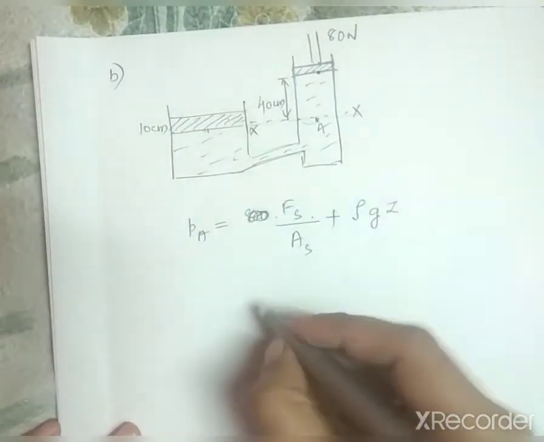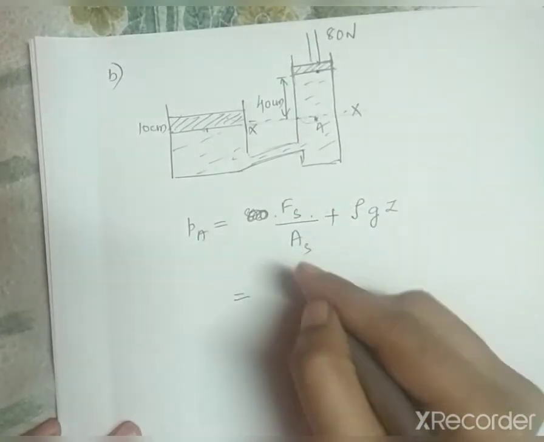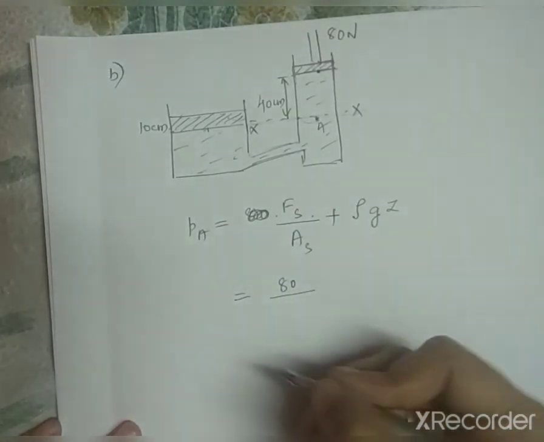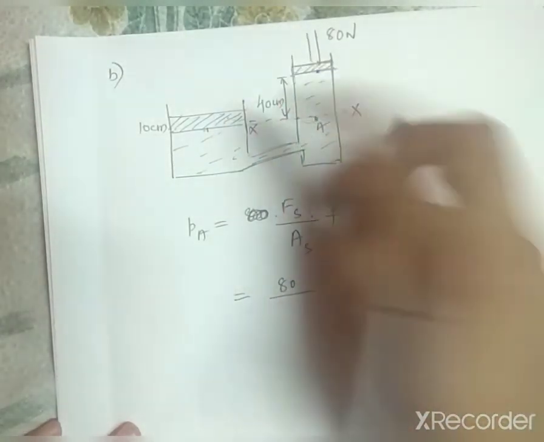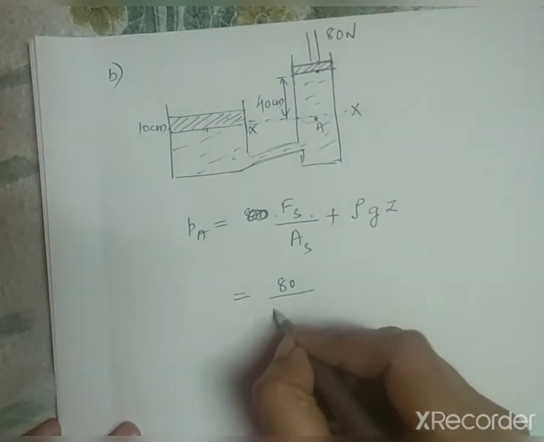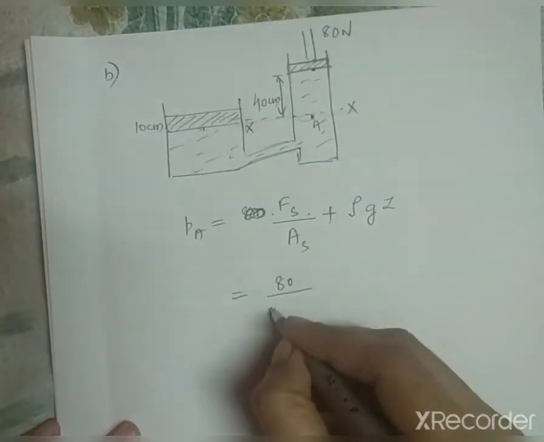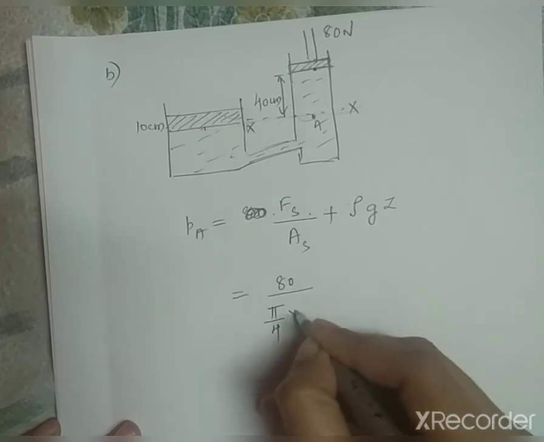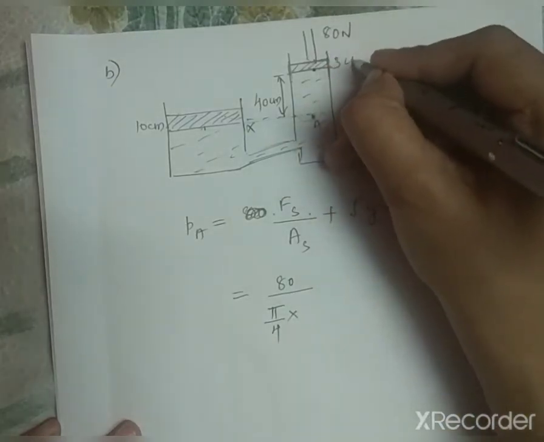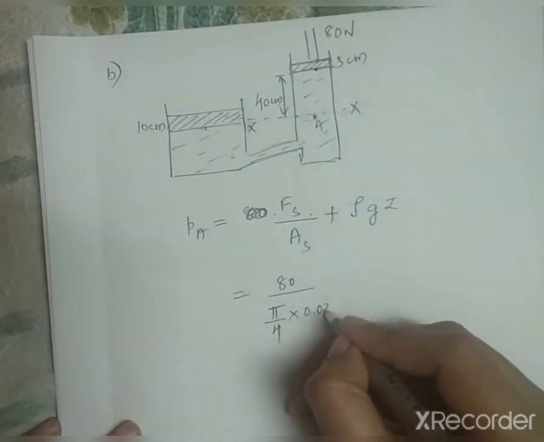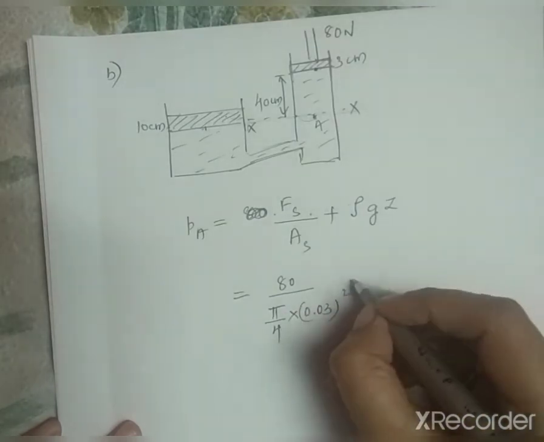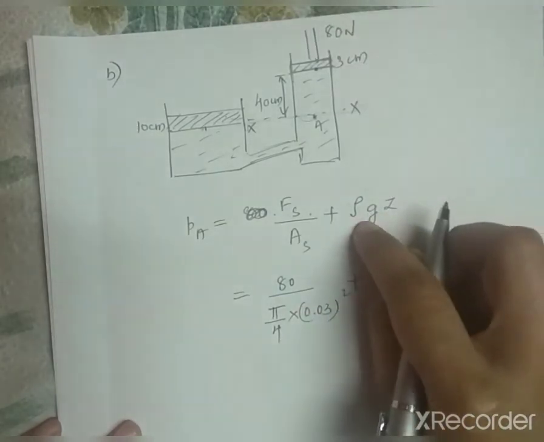Substituting the values over here, force is equal to 80 Newton divided by area of the smaller plunger, that is pi by 4 into 0.03 square, plus rho of the liquid.